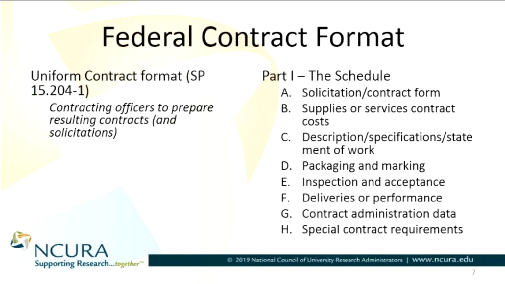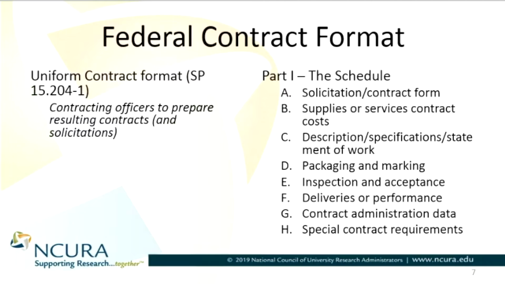Section C is the description, specifications, and statement of work. Statement of work, or SOW, should be very tightly crafted and very well written. This should include benchmarks as well as any requirements for performance, as well as what your office believes to be your end product.